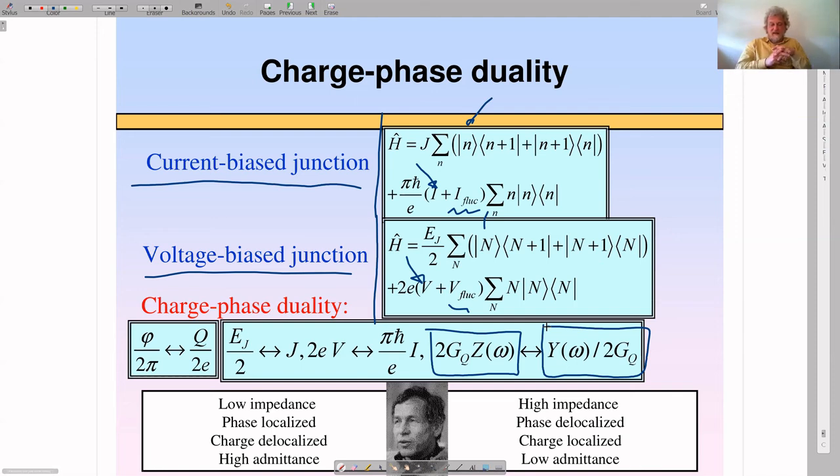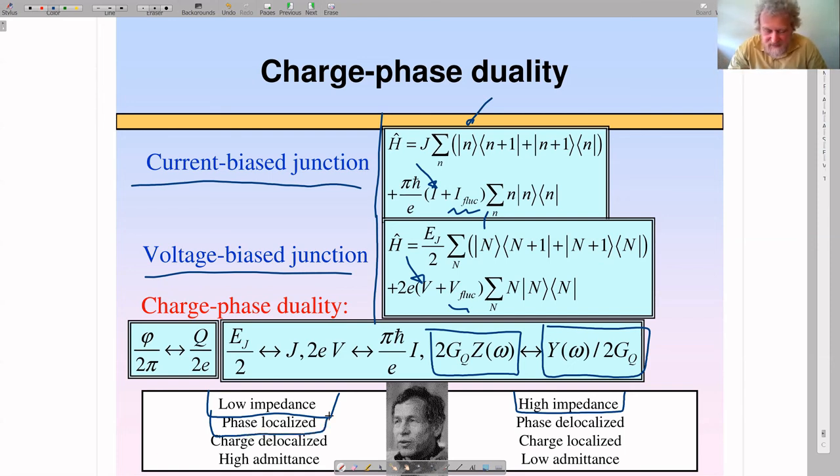Summing up all that, let us see. There are two limits. The limit of low impedance and the limit of high impedance. In the limit of low impedance, phase is a good variable, has a very well defined value.